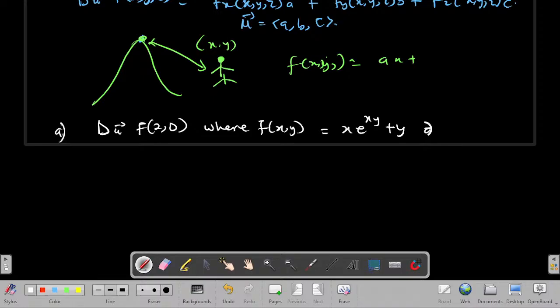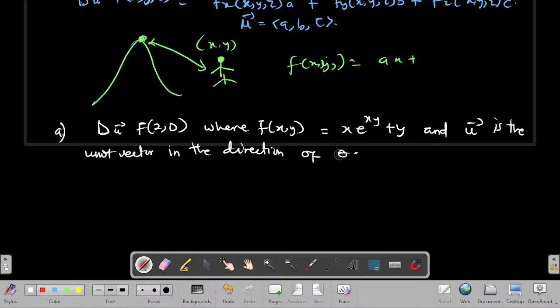And the directional vector is the unit vector in the direction of theta equal to 2 pi on 3.